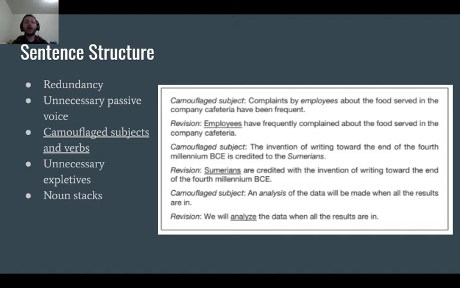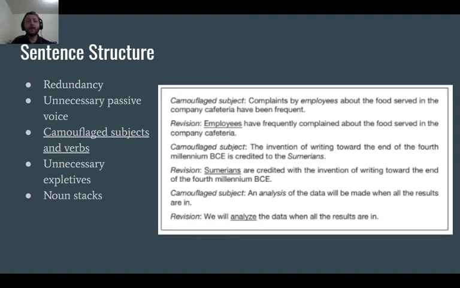The third thing about sentence structure is camouflaged subjects and verbs. Oftentimes when you're adding all of these words in there and you structure sentences a certain way, the subjects and the verbs get clouded in there and it muddles up the meaning.